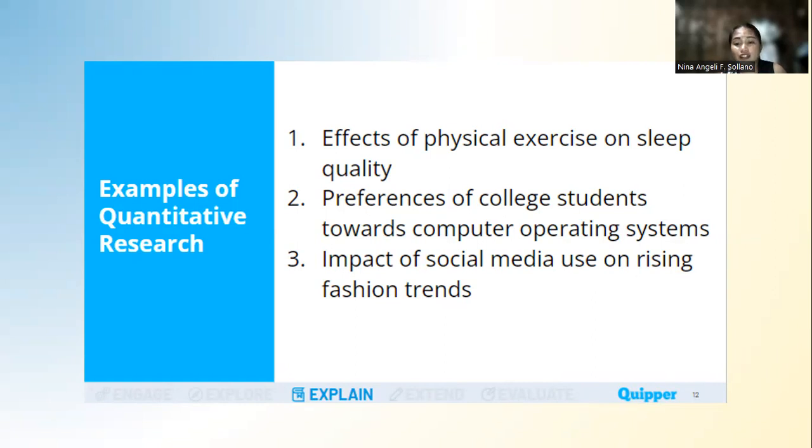Effects of physical exercise on sleep quality, preferences of college students towards computer operating systems, and impact of social media use on rising fashion trends. So kindly check your titles, learners, so that you can change them as of now.